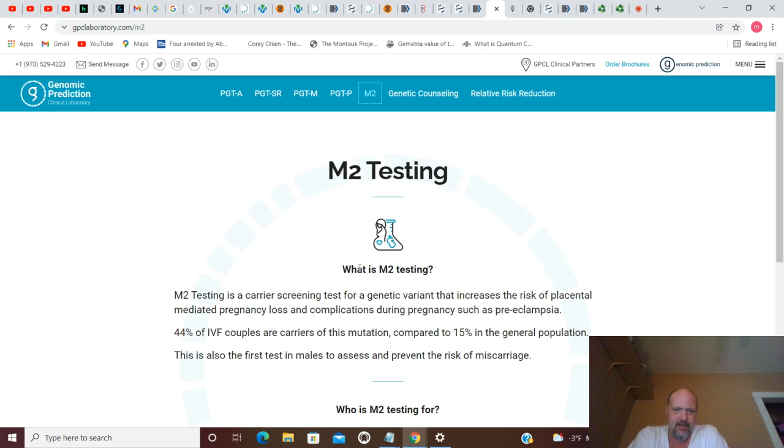So M2 is a genetic test. It's testing that involves pregnancy. Genomic prediction up here. Clinical laboratory. So M2 testing.